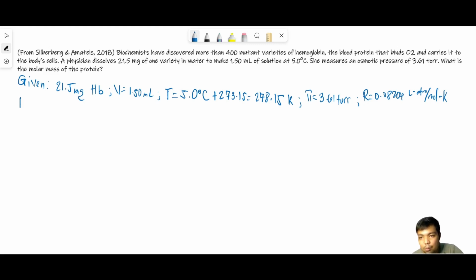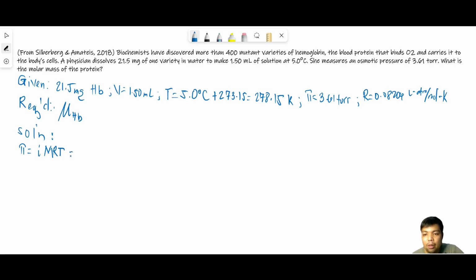So then we write what is needed. We need the molar mass of hemoglobin. So then we go to the solution. Let's go back to the formula for the osmotic pressure, which is equal to iMRT.